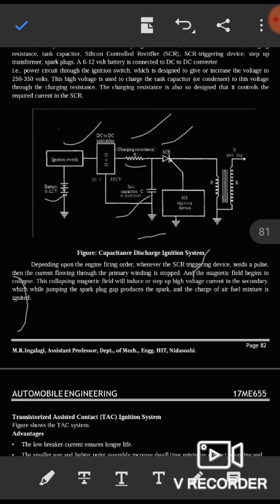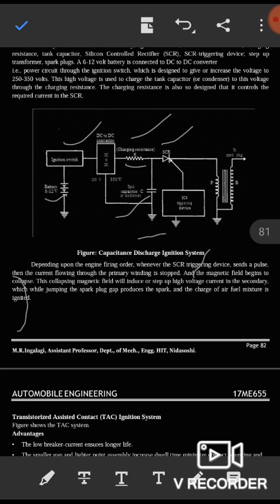The charging resistance is also designed to control the required current in the SCR, the silicon controlled rectifier. Depending upon the engine firing order, whenever the SCR triggering device sends the pulse, the current flowing through the primary winding is stopped and the magnetic field begins to collapse.